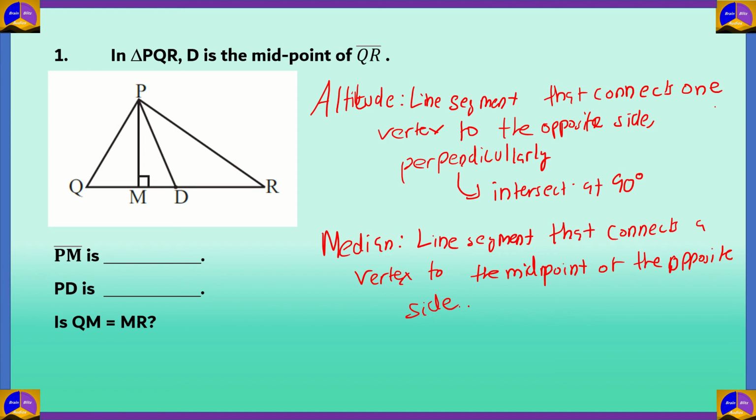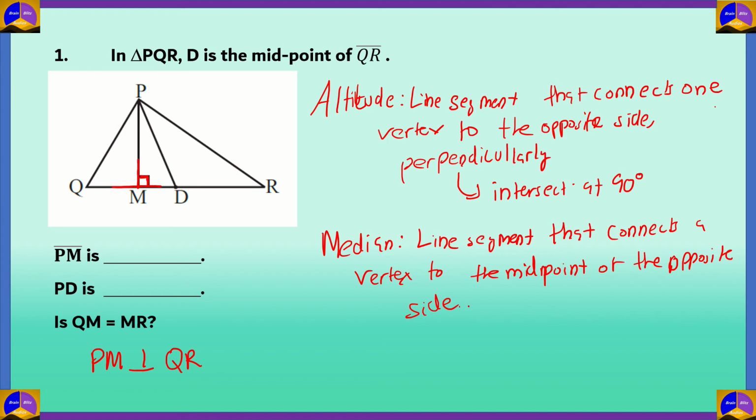Line PM. Now, line PM intersects with line QR. If you look at it carefully, we can see a right angle right there. So PM intersects QR at a 90-degree angle. That means that PM is perpendicular to QR.